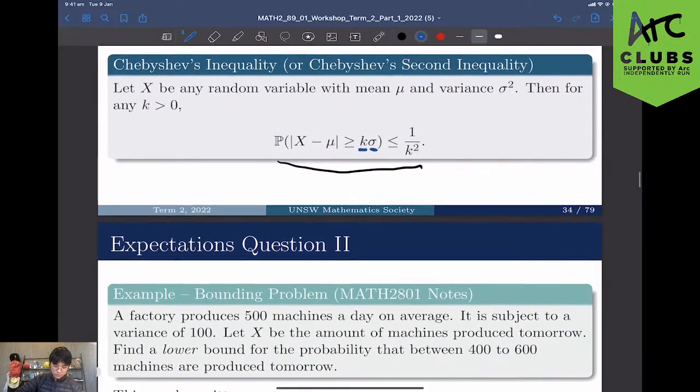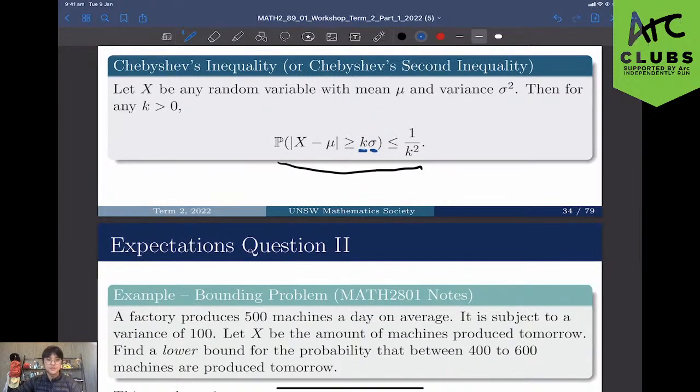So let's start with a question. A factory produces 500 machines a day on average. It is subject to a variance of 100. So first off, we have that mu, or the average, is 500, and the variance is 100. Let X be the amount of machines produced tomorrow.